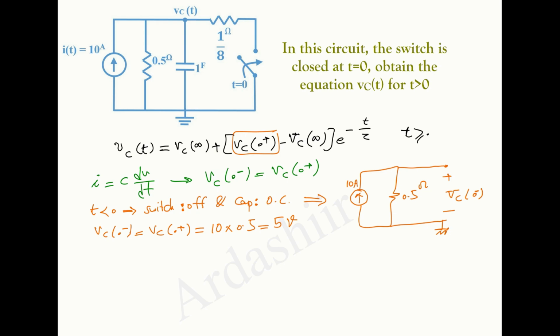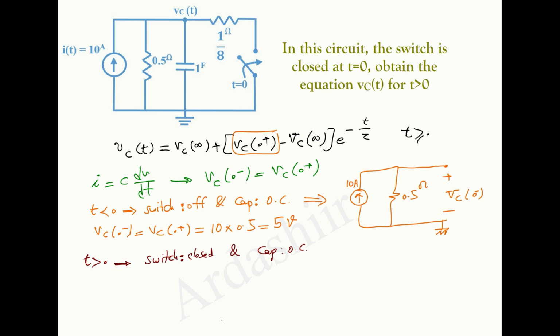Now we want to determine Vc as t approaches infinity, and we draw the circuit at long times after the switch closure. For after t equals 0, the switch is closed, and the capacitor is open circuit.